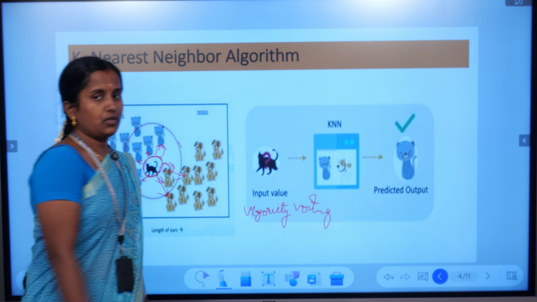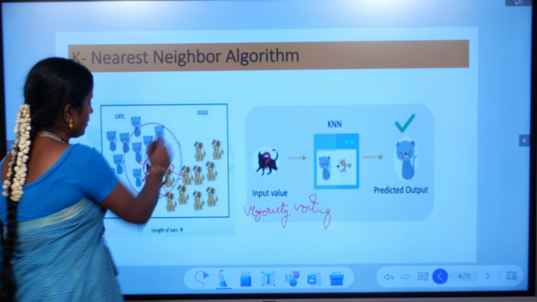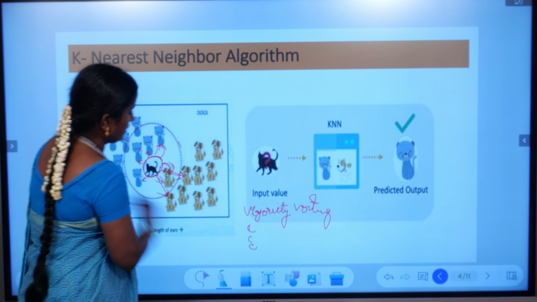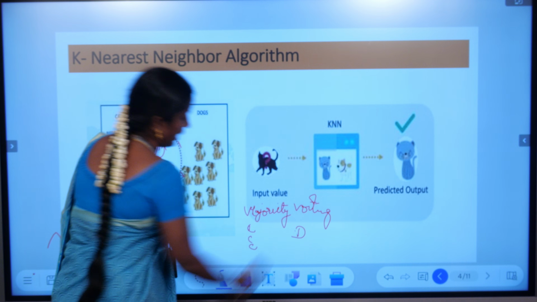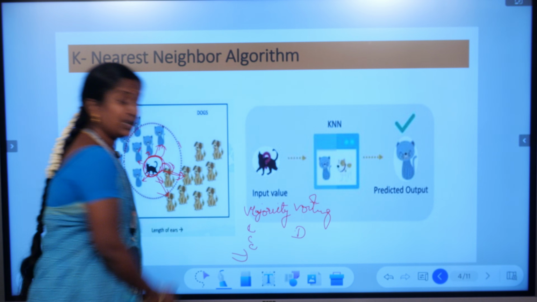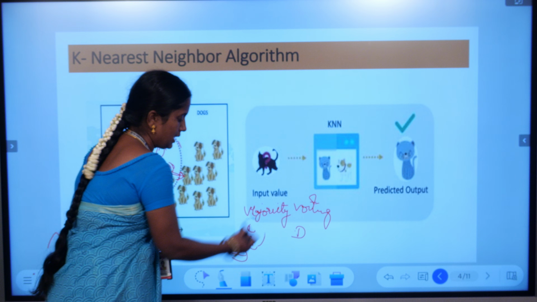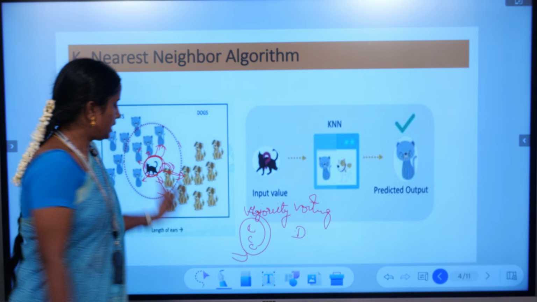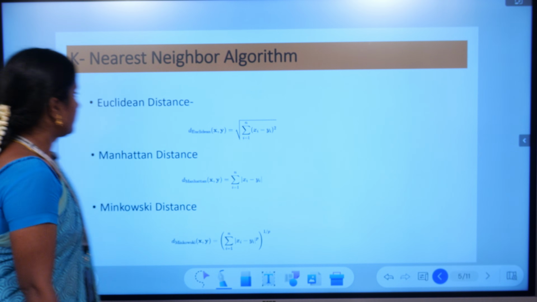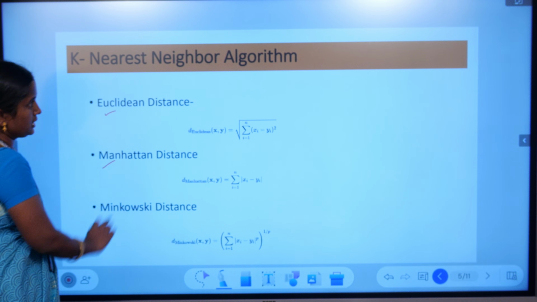Most of the features come with cat, and only one feature comes in the dog category. So the model will predict that the incoming testing data must be a cat because the majority comes under the cat category.